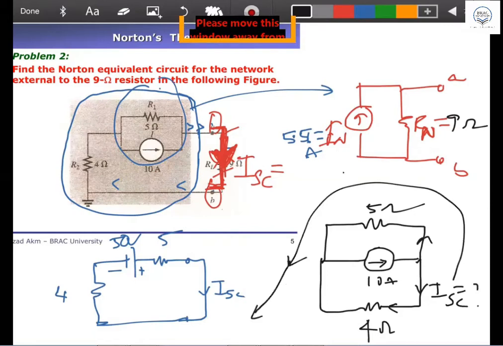Current division rule says: total current, 10, divided by 5 plus 4, into the opposite resistance, which is 5. And the answer is 5.56. It's giving the same answer.